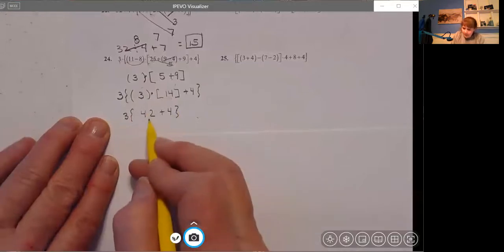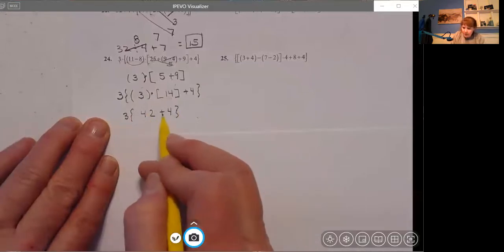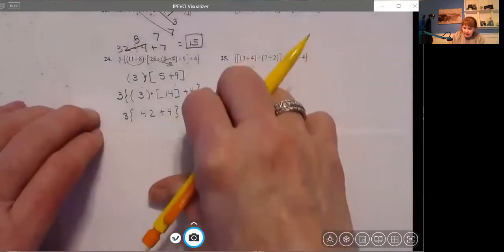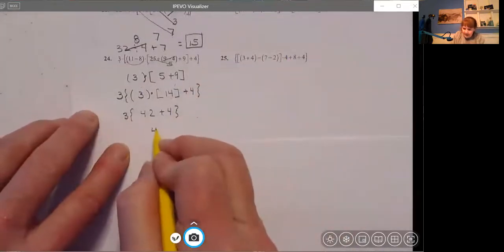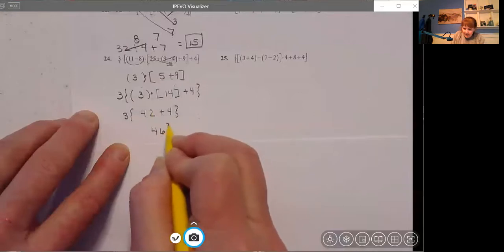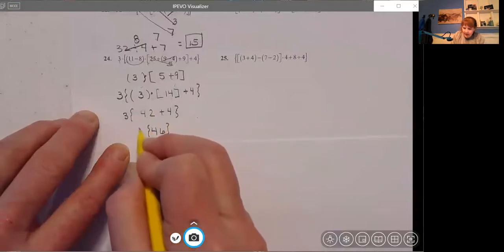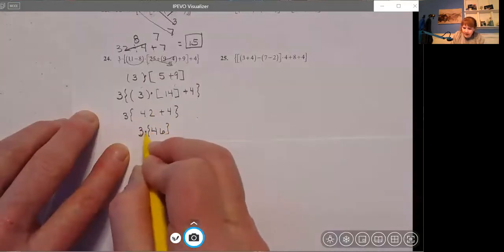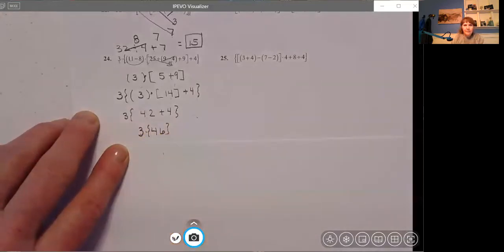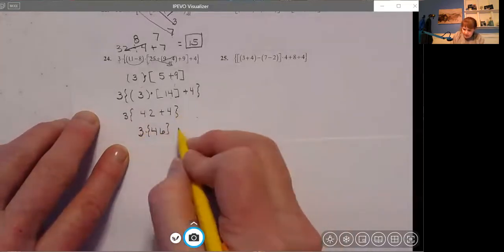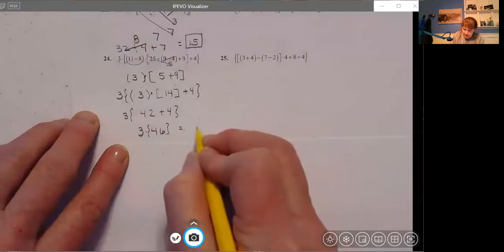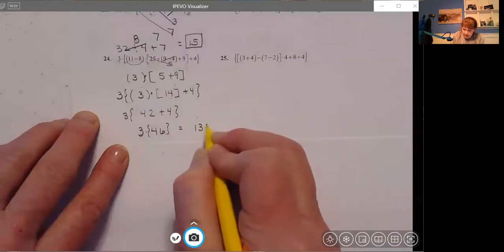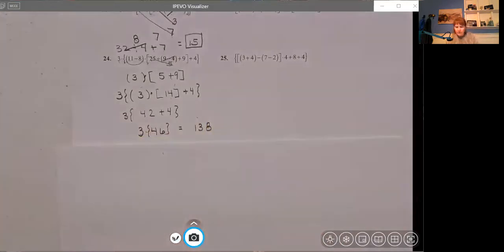Then inside the brace, we'll take 42 plus 4. That gives us 46. And now it's 3 times that. Which gives us, let's see, 138, I believe. Yeah. When we multiply those two together for your answer.